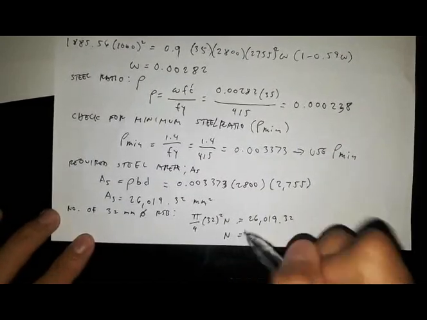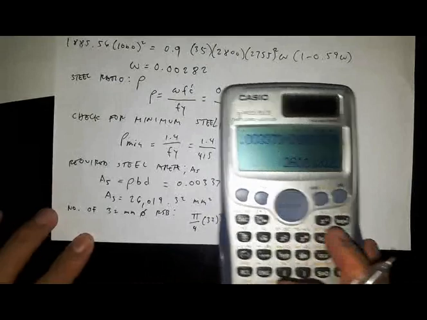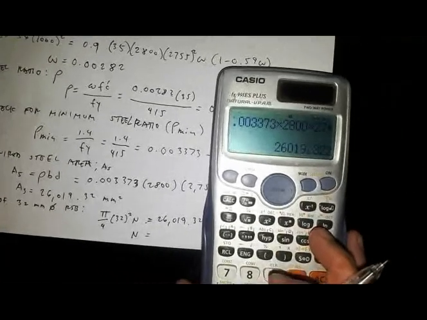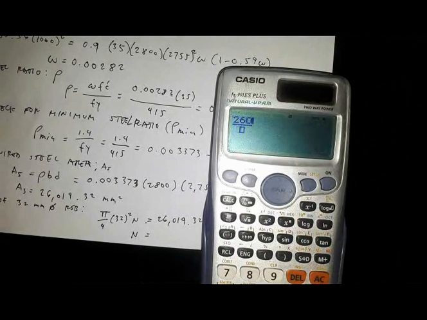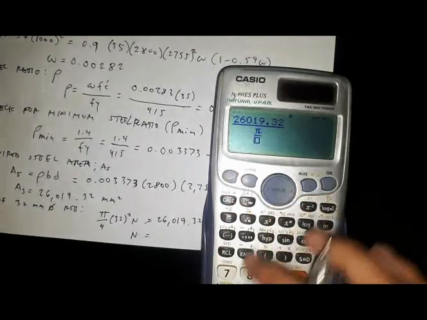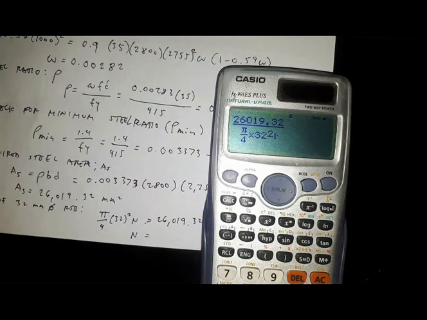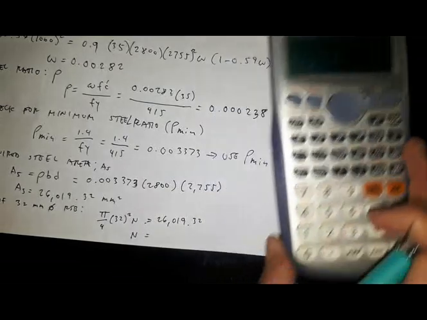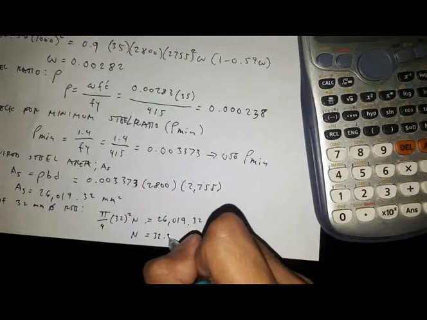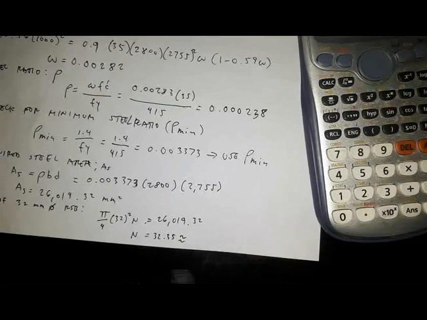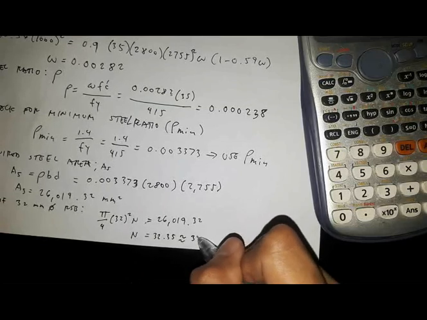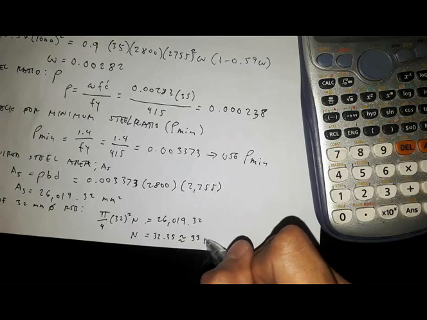So we have n equals 32.35, or the next higher whole number is 33 pieces.